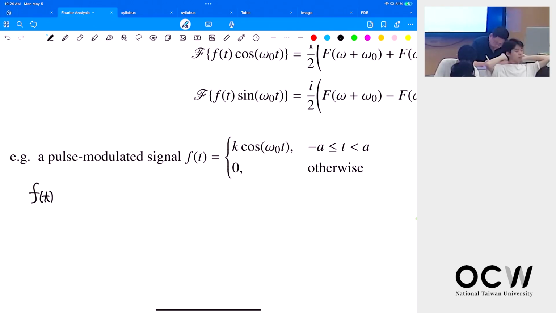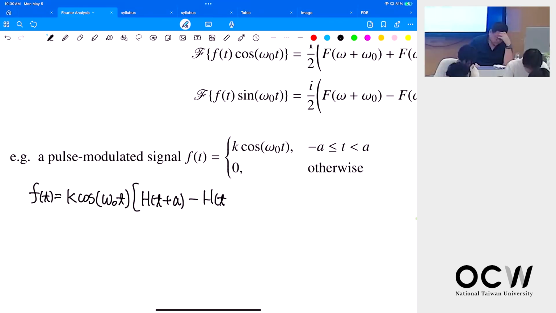The function is k cosine omega naught t. I only have a value between minus a and a, so I need to multiply by the Heaviside function t plus a minus the Heaviside function t minus a.